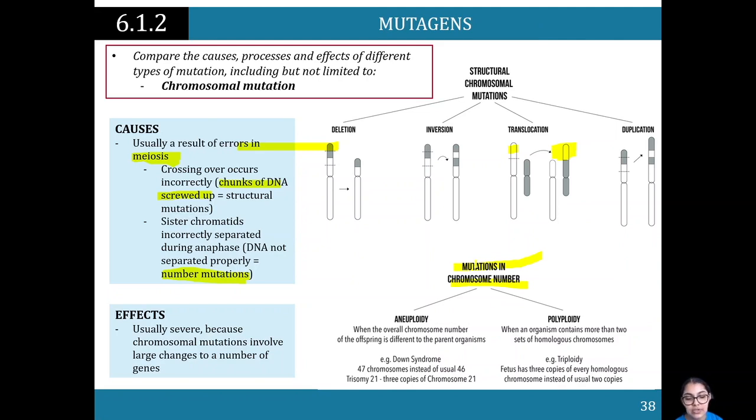The second one is mutation in chromosome numbers. For that, there's either aneuploidy or polyploidy. Aneuploidy is when the overall chromosome number of the offspring is different from the parent organism.